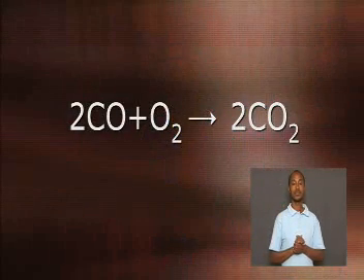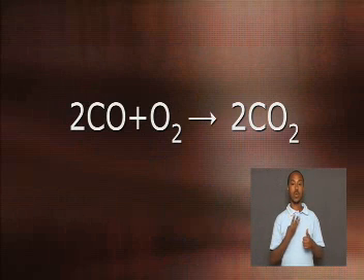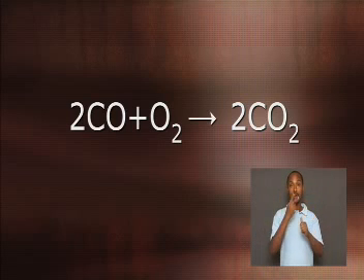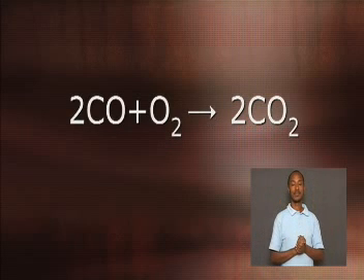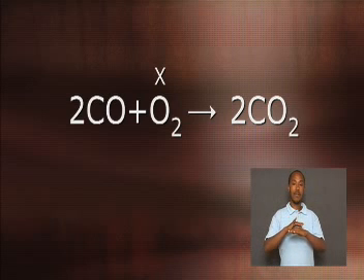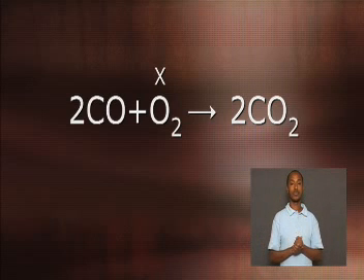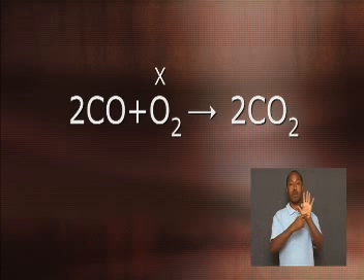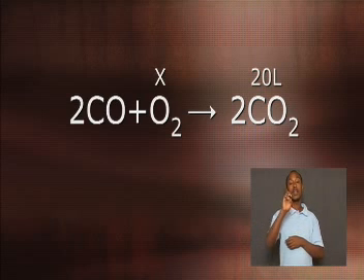Well, first, we need to write a balanced chemical equation, which would look like this. The next step is to place the given volume and the required volume, X, above the corresponding formulas. We would place the X above the oxygen symbol and the 20 liters above the carbon dioxide symbol.